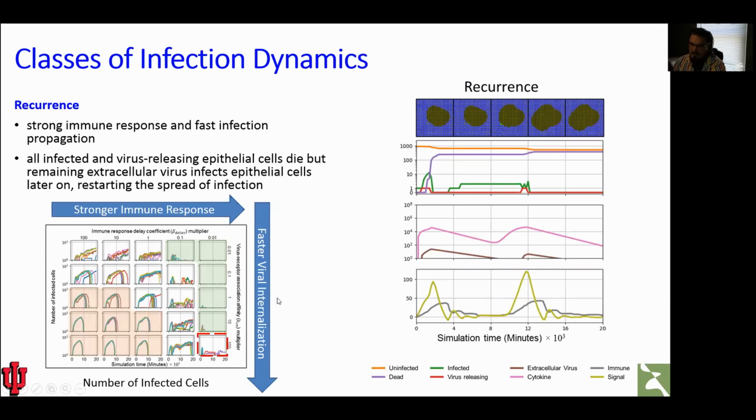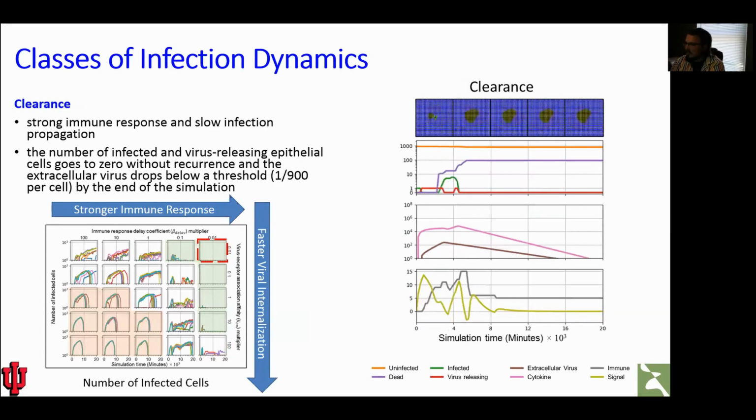Beta delay is the immune response delay coefficient. So for a smaller delay, there's a stronger and faster immune response.